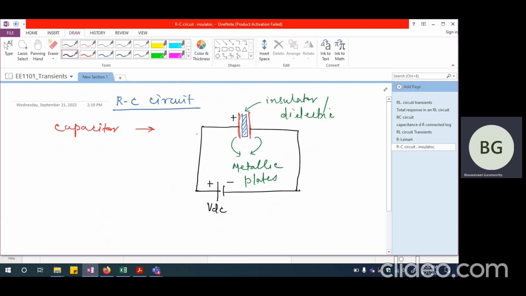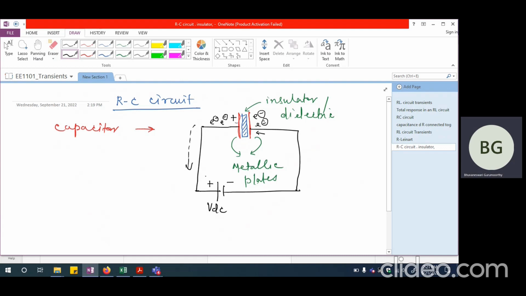This is not charged at all. So now what is going to happen is the electrons from this metallic plate are going to run towards the positive plate of the battery. So this is going to be depleted of electrons, whereas this is going to get rich in electrons. So the electrons are going to move towards the negative plate of the capacitor.